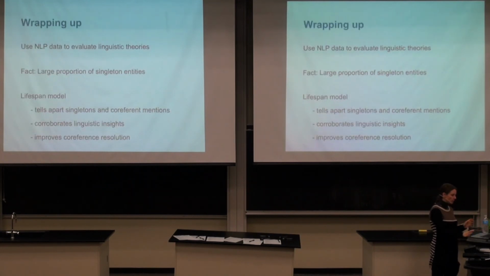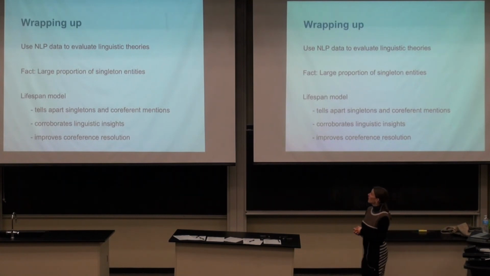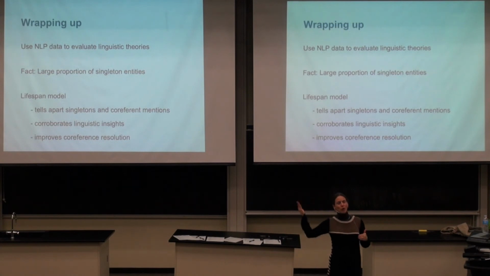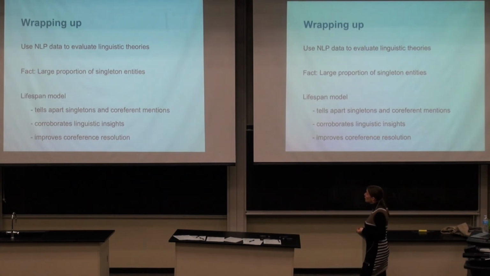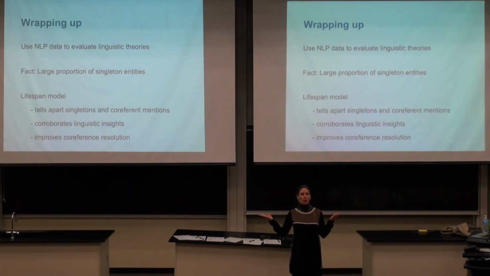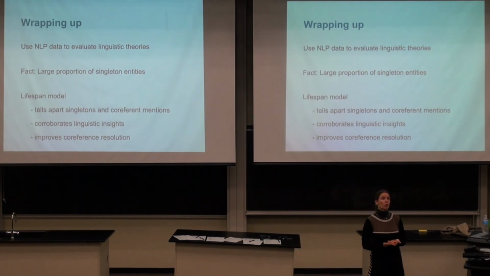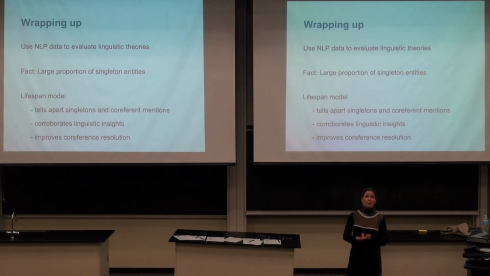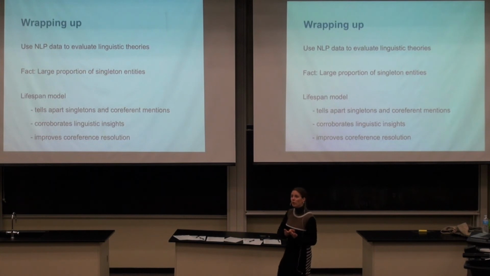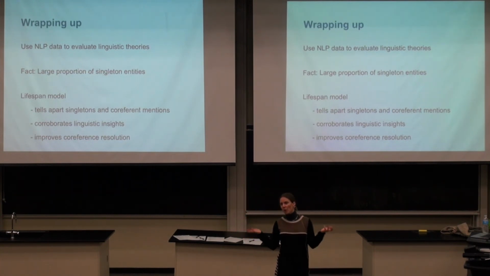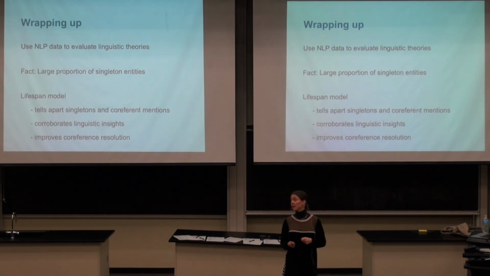So just to wrap up, one thing we did is try to evaluate linguistic theories. That's how we built this lifespan model. We started from the fact that we have a large proportion of singleton entities in discourse, and maybe if you can identify that, then you can help any task that forces you to keep track of reference in discourse.